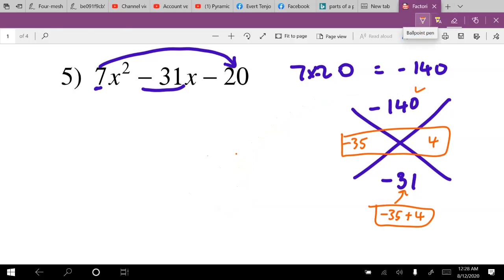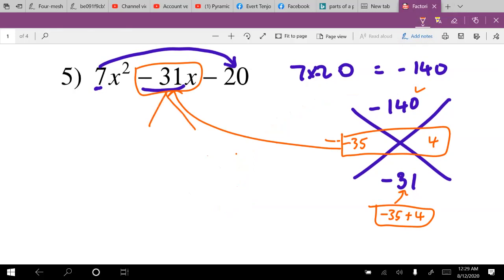So there's one more step to this. So we're going to copy. So we're going to represent negative 38x with negative 35 and positive 4x. So we're going to write this becomes negative 35x plus 4x, right?